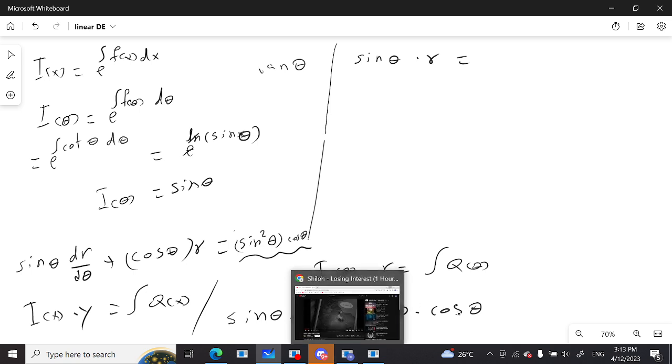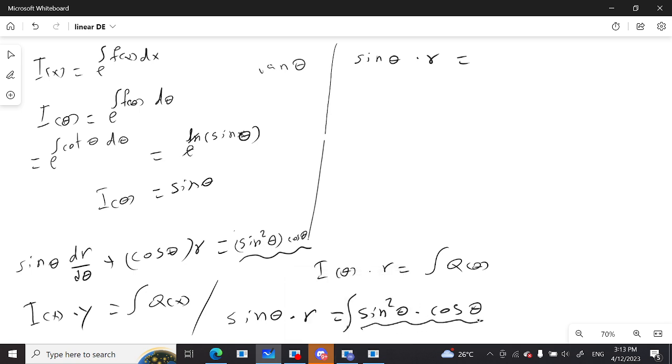When we integrate this part of the equation, we get sine cubed theta divided by 3 plus c, because the derivative of sine theta is cosine theta, therefore we just cancel out cosine and we increase the power of the sine and divide by the new power.